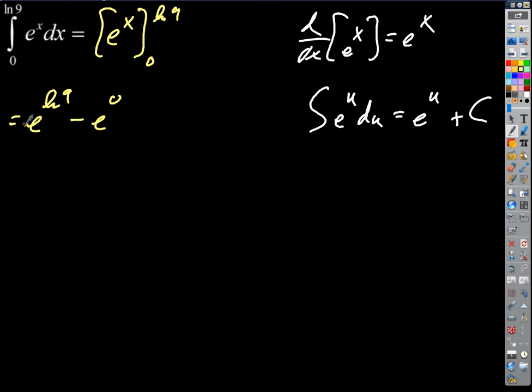What's e to the 0? Anything to the 0? 1. And then e to the log of 9 is what? 9. Because if we exponentiate the log, they undo each other. So we just get 9 minus 1 equals 8 is our answer.